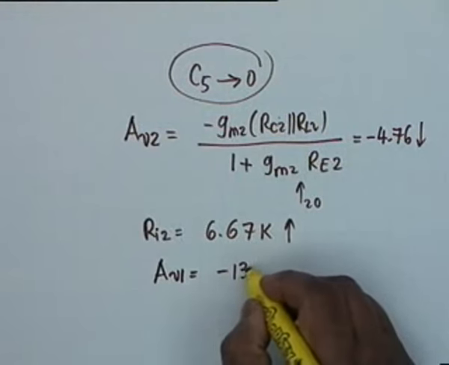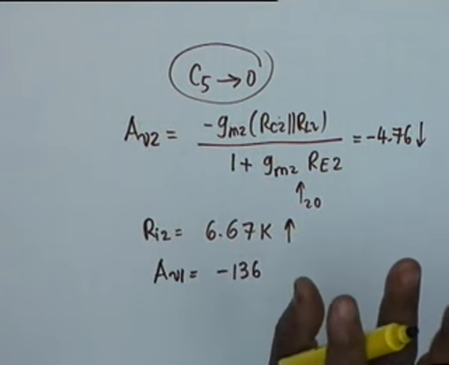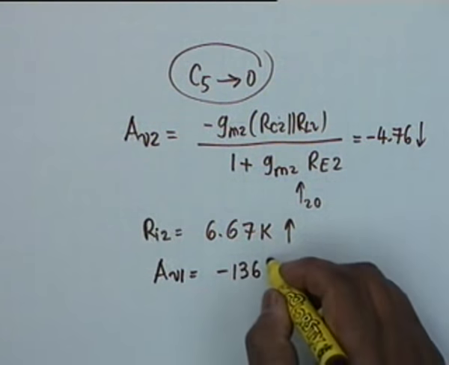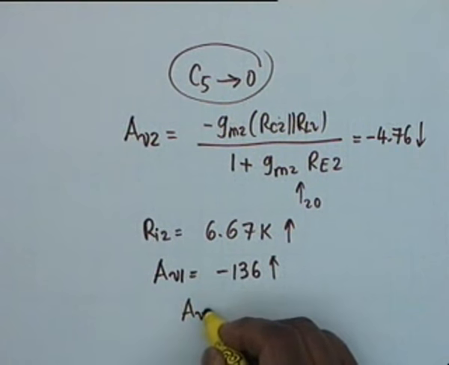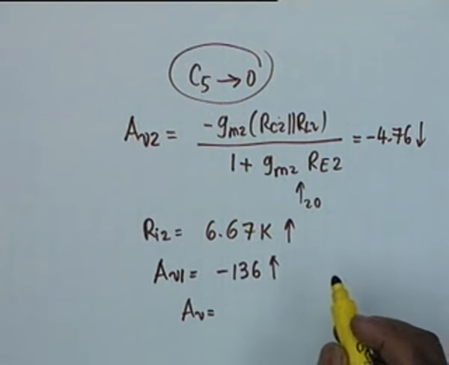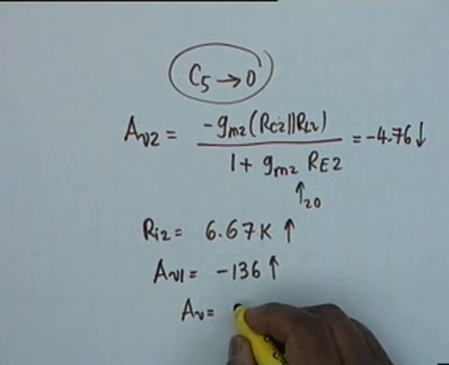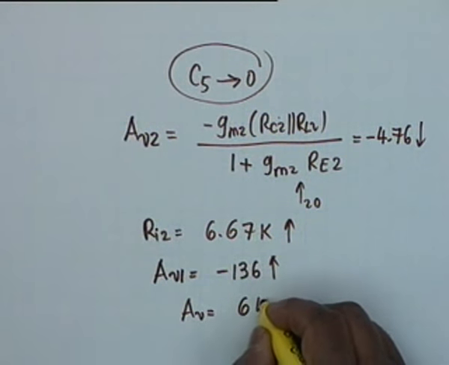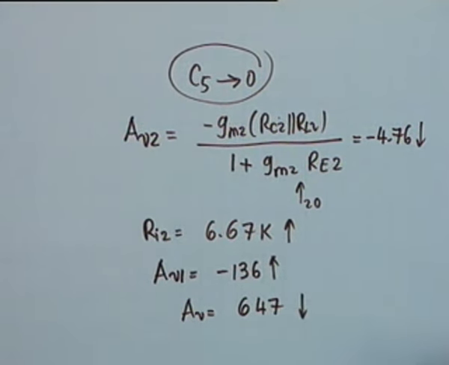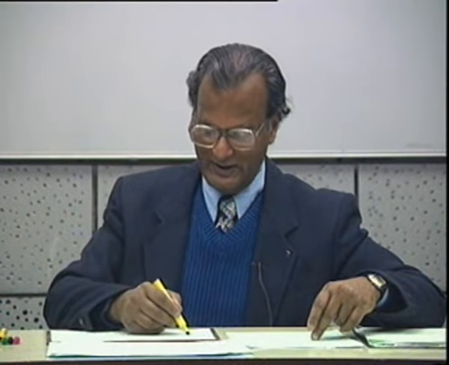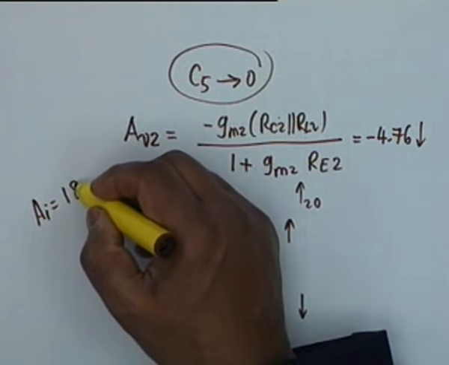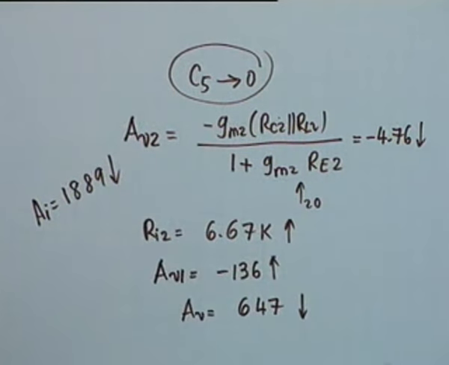It becomes minus 136. I mean the value. Take account of the inversion later. So it has increased, but lo and behold, AV, which is the multiplication of these two, is 647. It has decreased. Previously it was 1580. And A sub I, you can calculate, A sub I is 1889. This has also decreased.